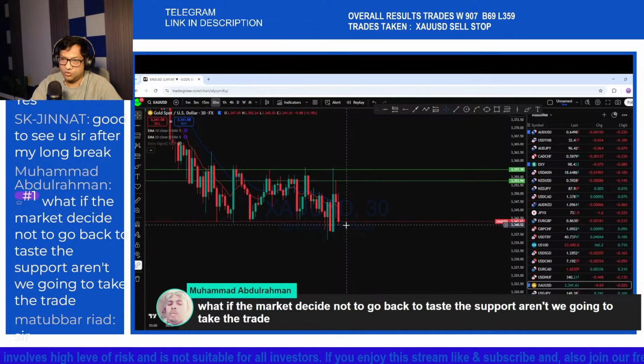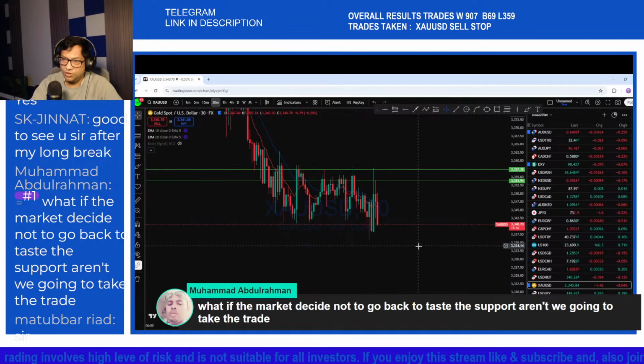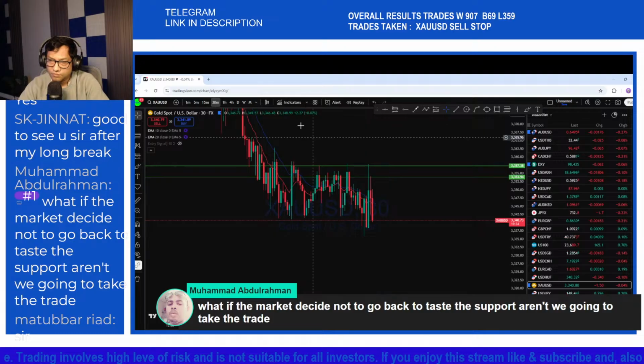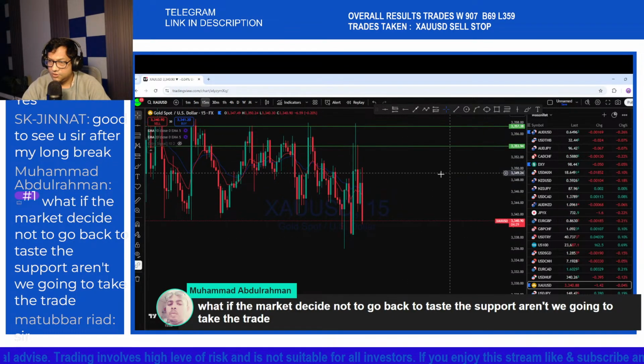The possibility for the market to continue to drop is higher now. You see it grab liquidity many times, still maintaining bearish market structure.